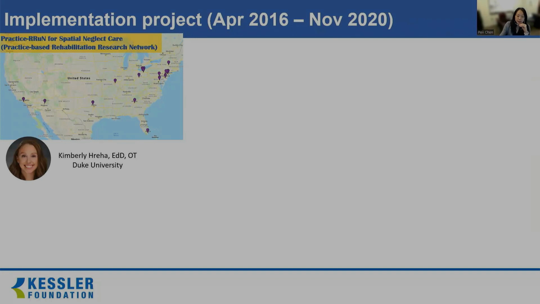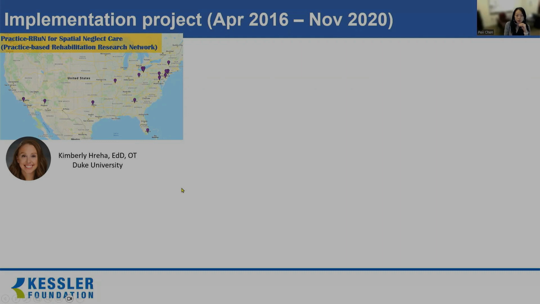After we created that Prism adaptation kit, we conducted an implementation project. It lasted for more than 5 years with my longtime collaborator, Kimberly Reha. We trained more than 100 occupational therapists across the United States in 16 different rehabilitation hospitals.